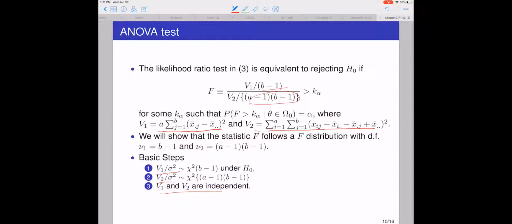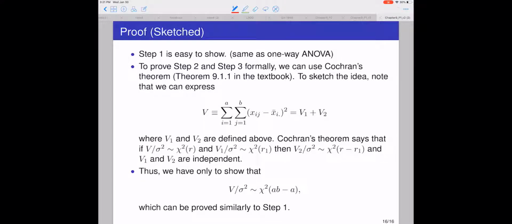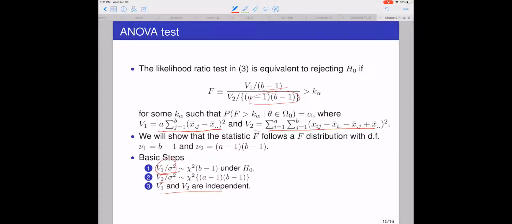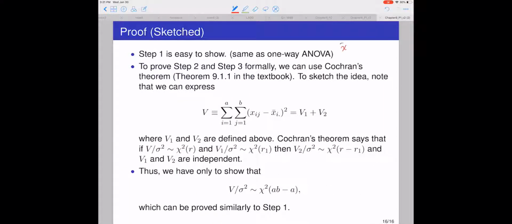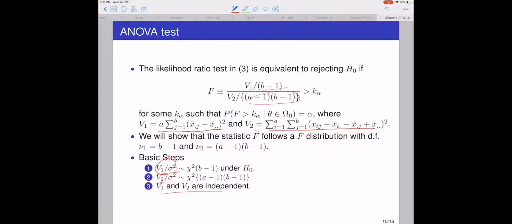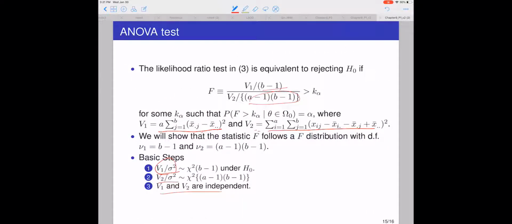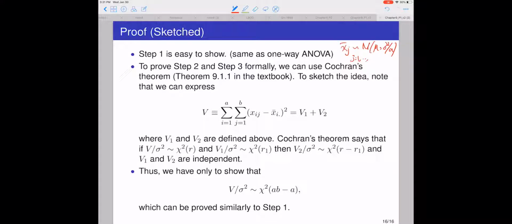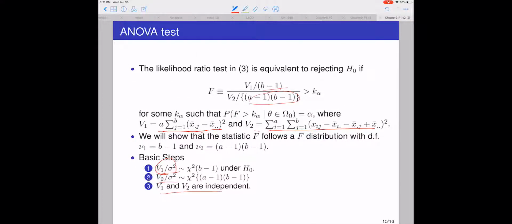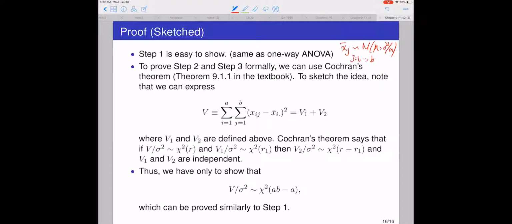The proof, step one, is actually easy, because x bar j are independent normal, with mean beta, actually mu plus beta j, and variance sigma square over a, for j equal to 1 to B.